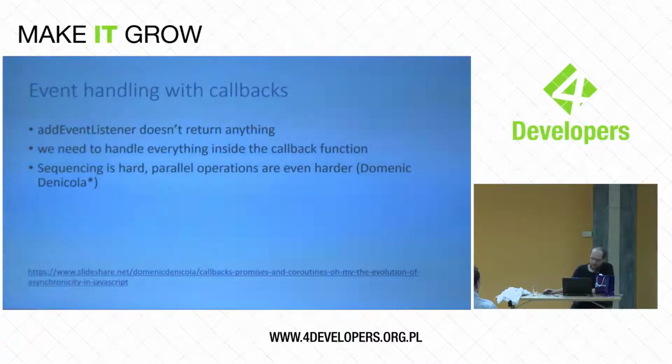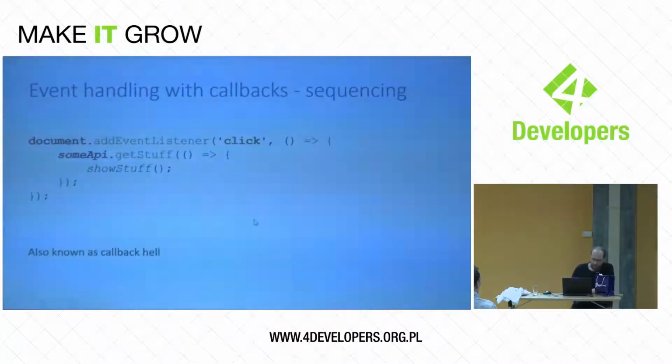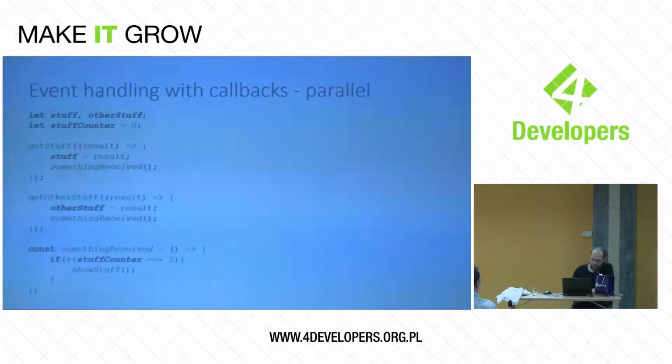So there's a cool presentation by Dominic De Nicola, who explains what was wrong with callbacks and why the JS community introduced promises. So yeah, sequencing, you get callback hell. Handling parallel things is even weirder.